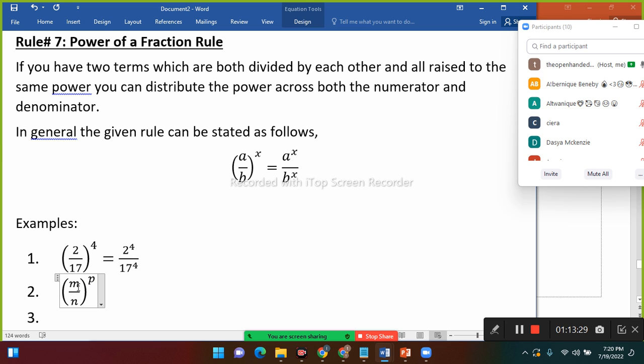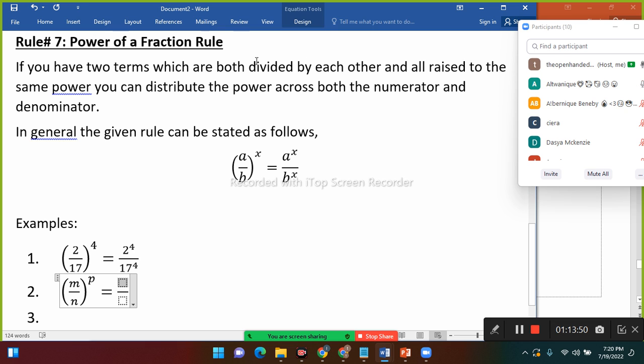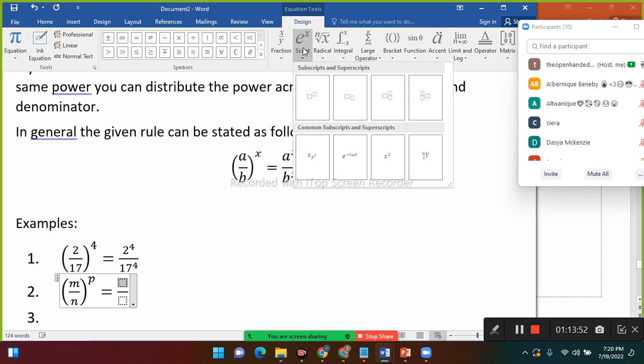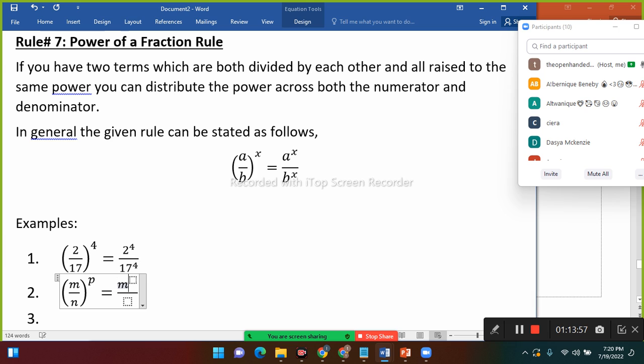Can you help me out with this one? We have m over n to the power of p. What would that be? Okay, so it could be m to the p and then a line and then n to the p. Very good. Excellent. I like the enthusiasm and the power. It is exactly m to the p all over n to the p.